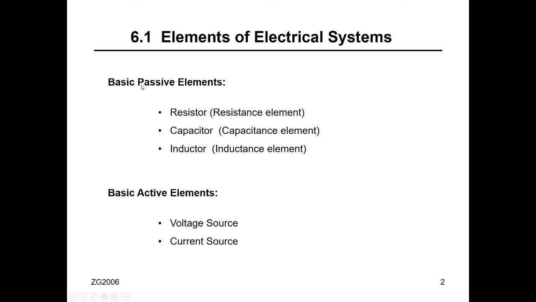The passive elements in electrical systems are the resistor, capacitor, or inductor, one of these or all three. We call them passive elements because they consume energy. So passive element: either resistor, capacitor, or inductor. Active element: either voltage or current source.